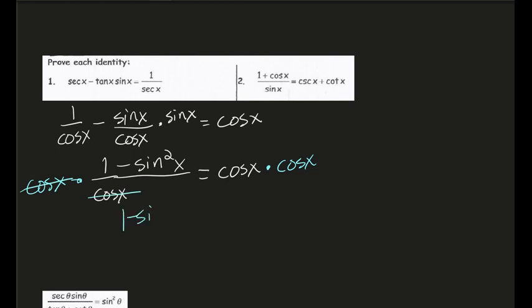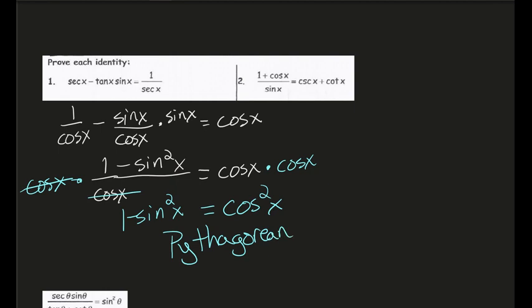So we're left with 1 minus sine squared x, and then this right-hand side will be cosine squared x. Since this is a Pythagorean identity, then we're done. We've proven that identity through these uses of algebra properties and other identities.